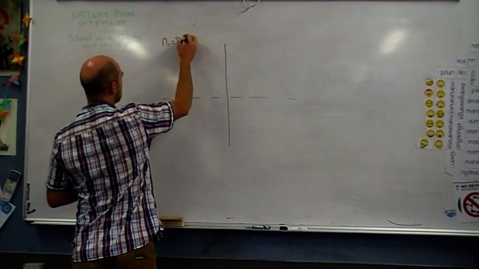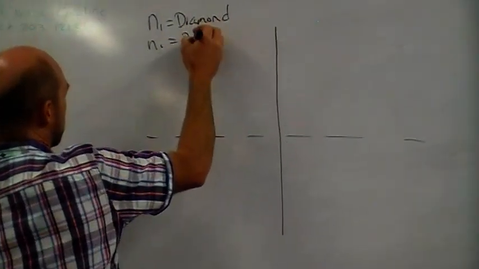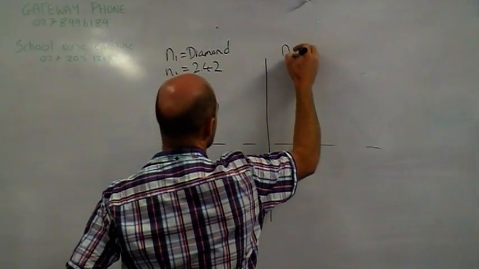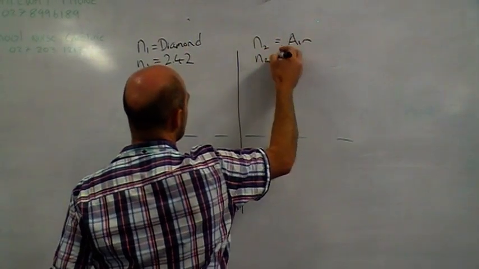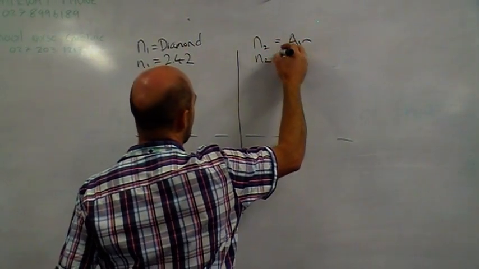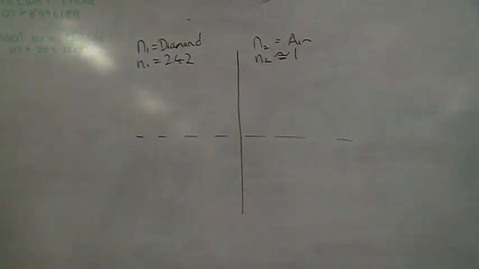N1 is diamond, N1 is 2.42, N2 is air, N2 is about equal to 1. And I'm going to give you a couple of different angles to investigate.